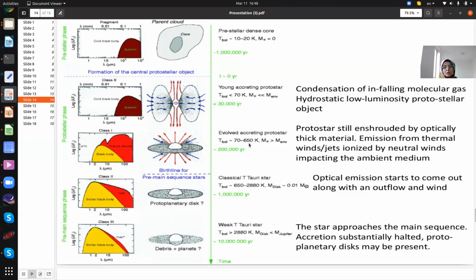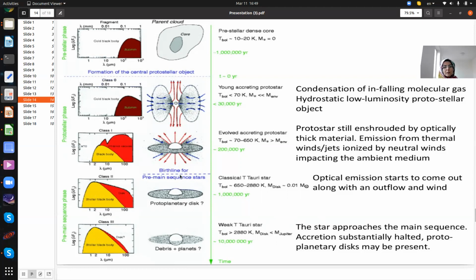It is hotter. And we have a disk, as you see here, and we have the radiation of the disk, and also we have the black body of the protostar. So we have the radiation of the protostar or jets, and we have the gravitation related to the disk.